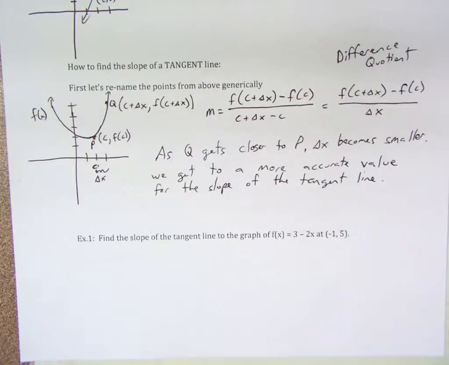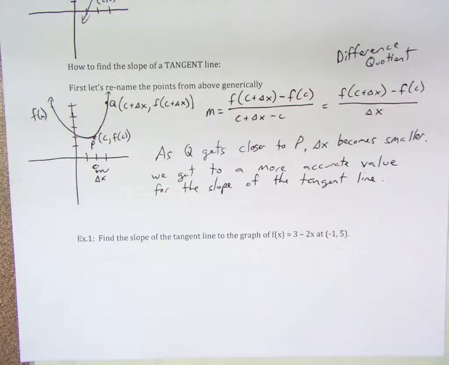Now we have to figure out what g of 1 plus delta x is. So we need to input 1 plus delta x into x right here. So we have the limit as delta x approaches 0. We are going to replace the x with 1 plus delta x, so you're going to have 1 plus delta x squared minus 4.